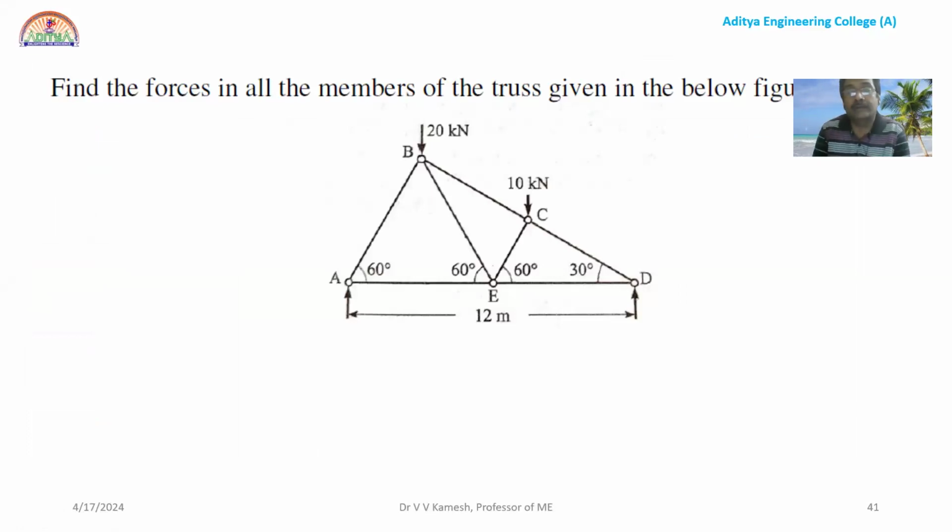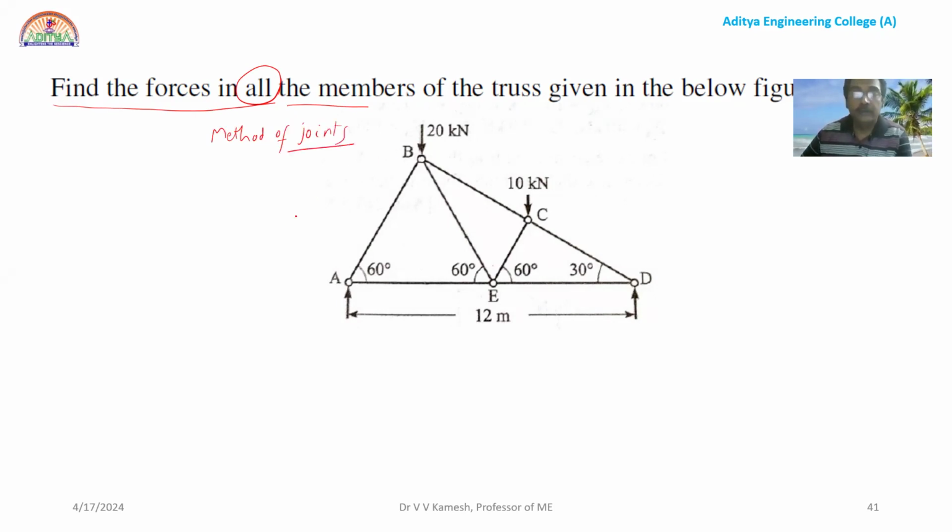Earlier, we completed some problems related to calculation of forces in all the members of the truss, just like what you are seeing in the figure. In this, it is given: find the forces in all the members. When you need all the members, you don't have any option otherwise, only to take method of joints.